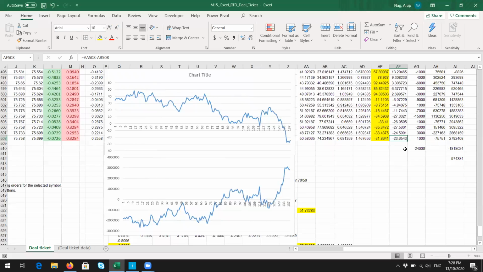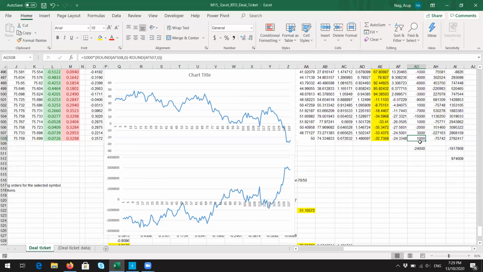Say for example on this one, I had 25% probability, and suppose I had 25 lots or 25,000 of this currency pair short. If my current probability changes to 24, then I will just have to buy back 1,000 quantity, which is this one. And then from minus 25, I will become minus 24. So that's the whole concept.